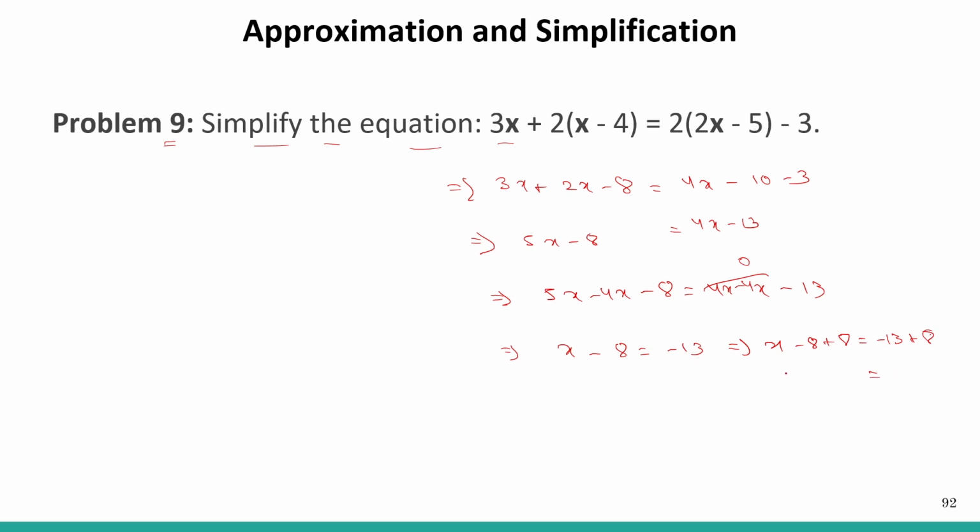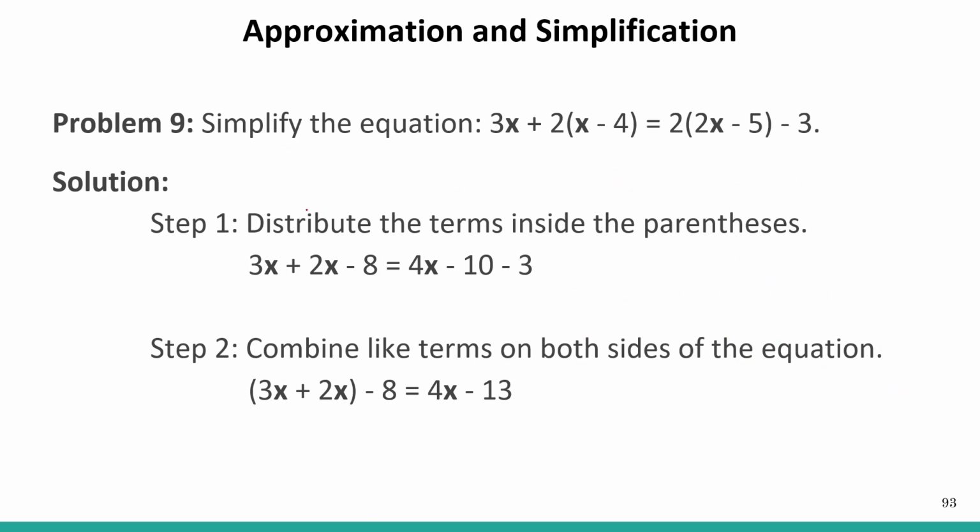So this will be equal to what? So x is equal to minus 5 is the solution. By keeping the x values to the left hand side and all the known values to the right hand side, we are left with x is equal to minus 5. So let's see the step-by-step solution.